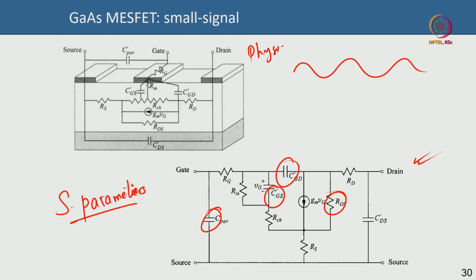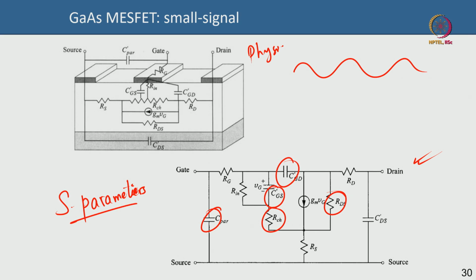Different capacitances and resistances can be extracted from the many S parameter measurements that you do, with the output open, the output short, the input open, input short, etc., having a through line, an open line, a short line. You do lots of permutations and combinations, you find different S parameters, and from there you are able to extract these different small signal components.